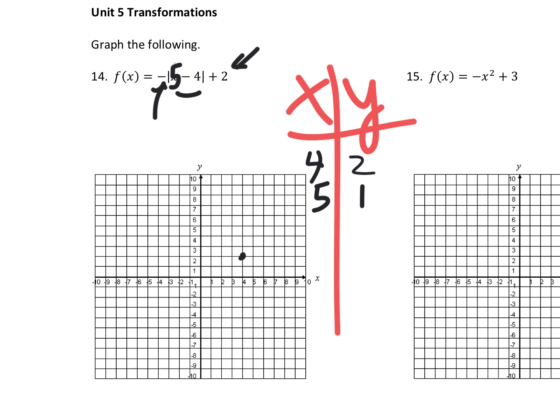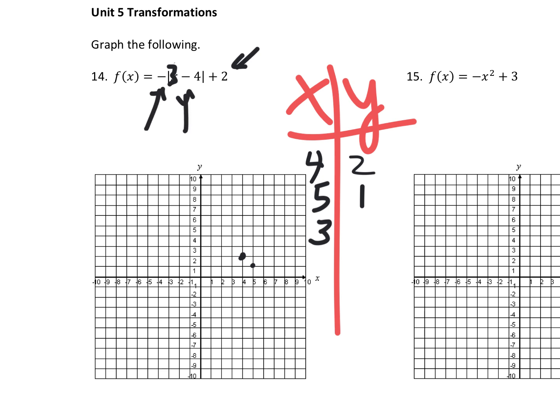Good. And if you get enough dots, you'll be able to tell what this thing is. I'm going to get one more dot. I'm going to put in 3. 3 minus 4 is negative 1. The absolute value of negative 1 is 1. Then I make it negative.